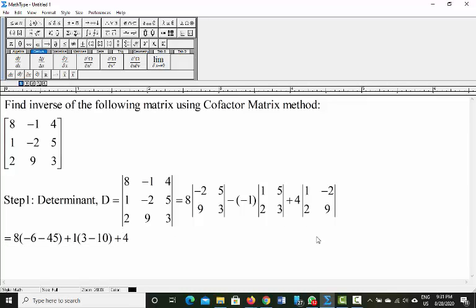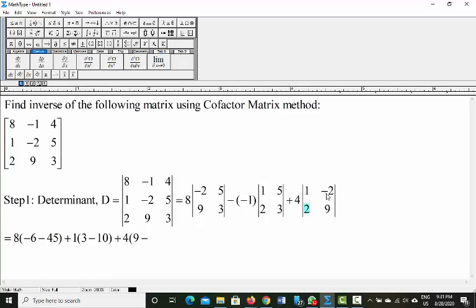plus 4. Now we will multiply this 1 with this 9. 1 multiplied by 9 is 9, minus, this is the minus of the formula. Now we will multiply this one with this one.